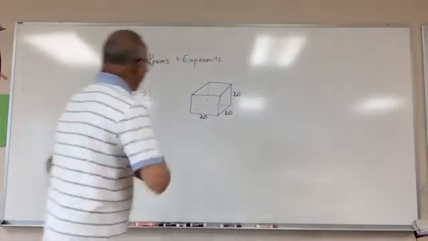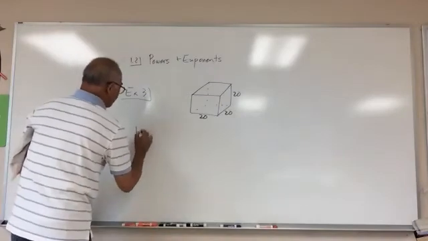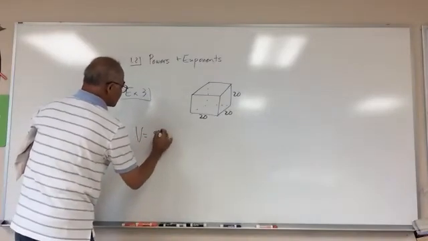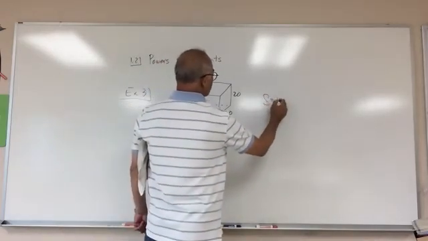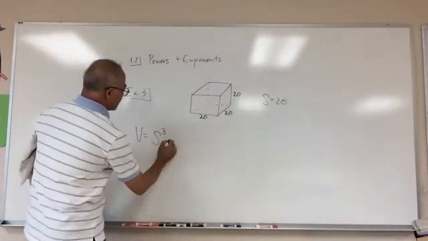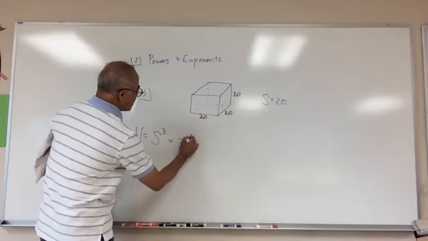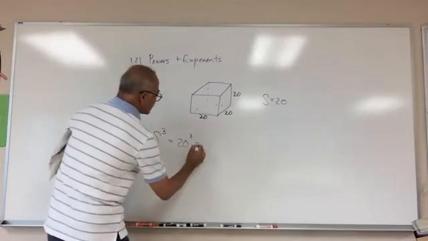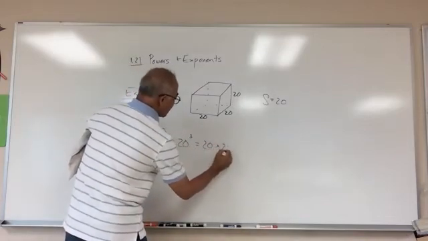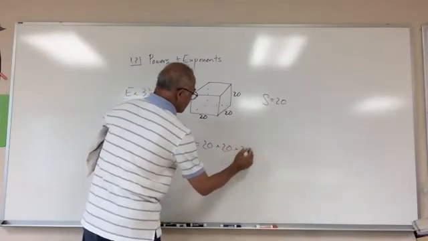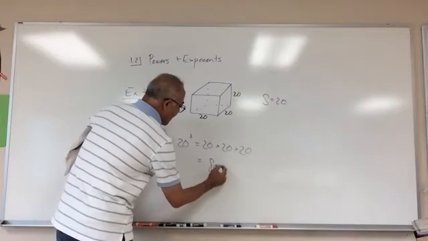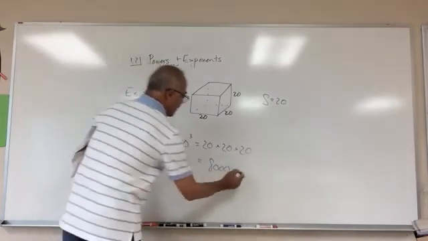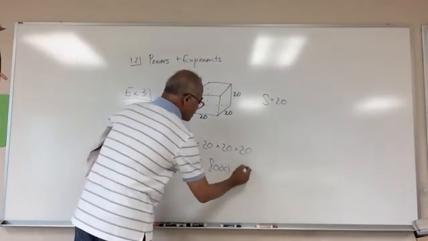So the volume is going to be S cubed, where S is equal to 20. So I'm going to get 20 cubed, which is 20 times 20 times 20. This is going to be 8,000, and it's going to be inches cubed, right?